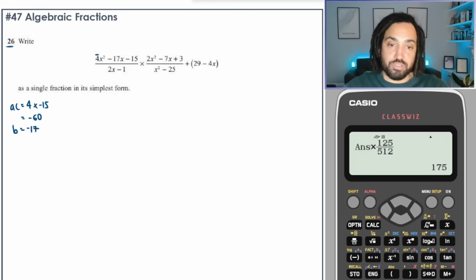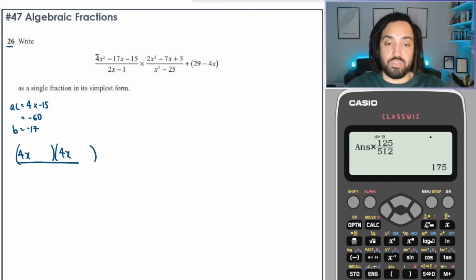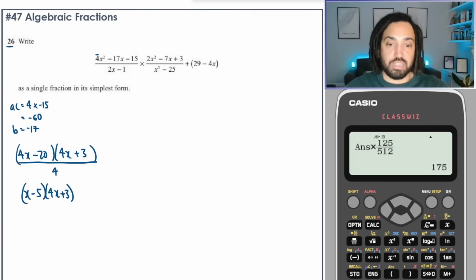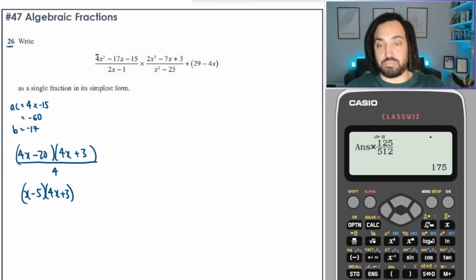Because the A term is 4, we write 4x all over 4. Two numbers that times together to make minus 60 and add to make minus 17 are minus 20 and plus 3. We can divide the left bracket by 4 perfectly, so that's going to divide the whole thing by 4, and that is factorised.